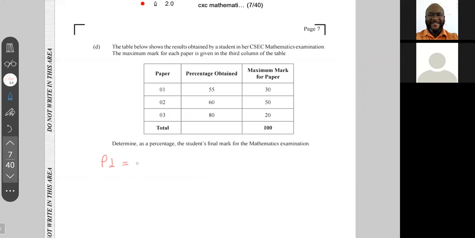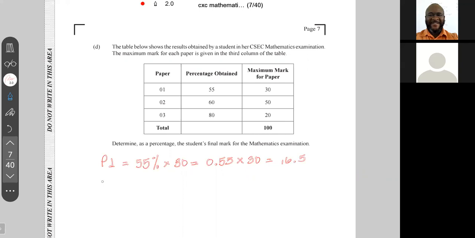So she got 55% of the 30 marks. 55% is 0.55, or you could just say 55 over 100 times 30. So this says 16.5. So she got 16.5 out of the 30 on this paper.